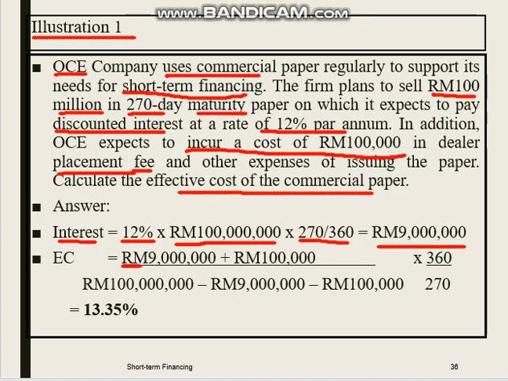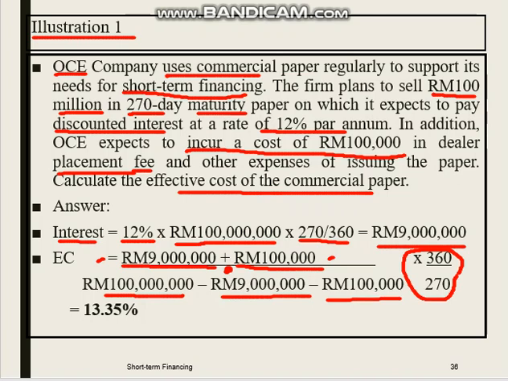Please bear in mind, this is our interest, and we have to add the other cost, which is our placement fee of 100,000. So we take the interest plus the placement fee, and divide it by the amount required, which is 100 million minus the interest of 9 million, minus the placement fee, and then we multiply by 360 divided by 270.